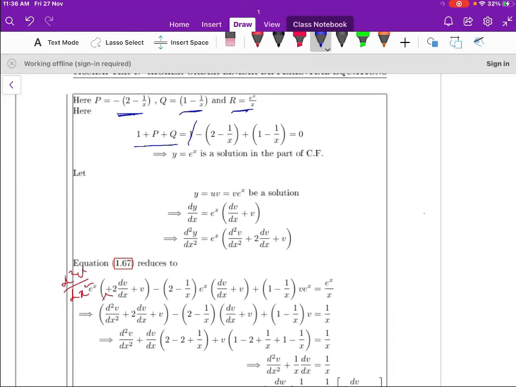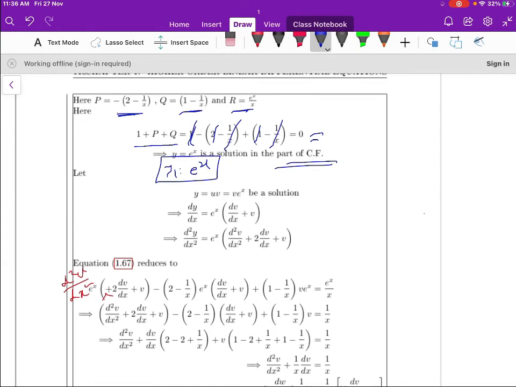So 1 minus 2 and plus 1 get cancelled, and plus 1 by x minus 1 by x get cancelled, so that is 0. Therefore y is equal to y1 is equal to e power x is a first solution of the homogeneous equation or first part of the complementary function.